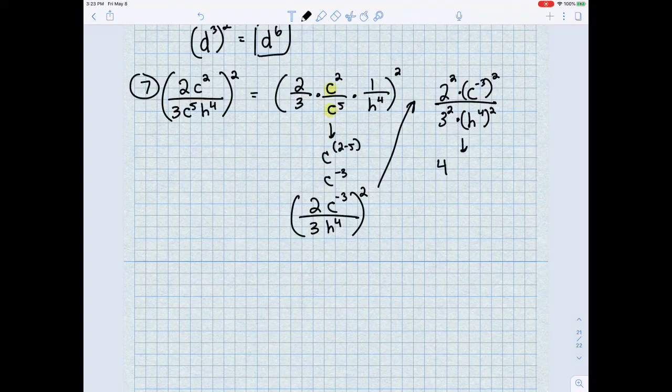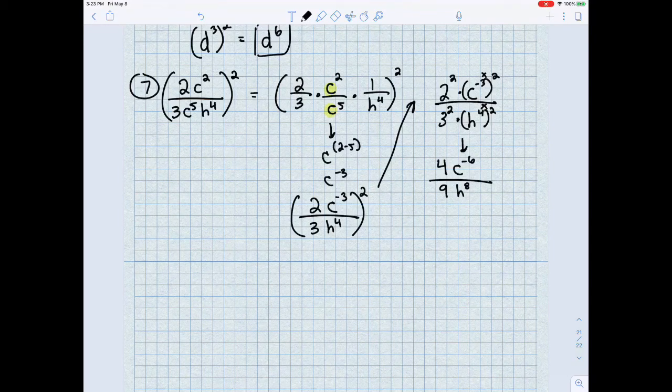C to the negative 3 raised to the second power, we just multiply the two exponents together. So now I'm at c to the negative 6th over 3 to the second power, which is 9. H to the 4th raised to the second power, so I multiply my exponents together. 4 times 2 is 8, so I have h to the 8th power.